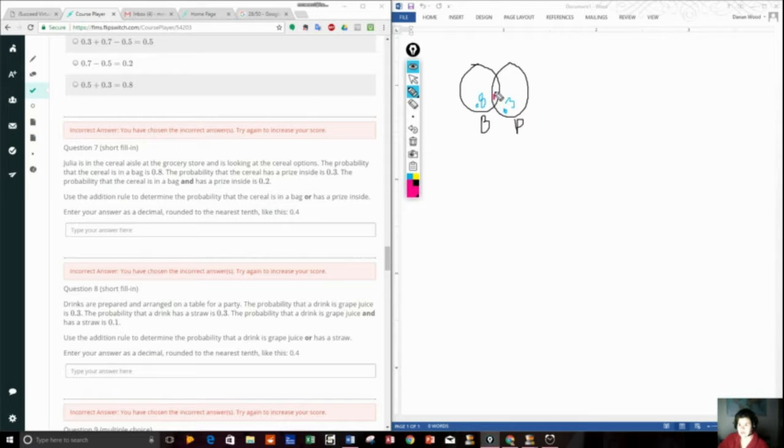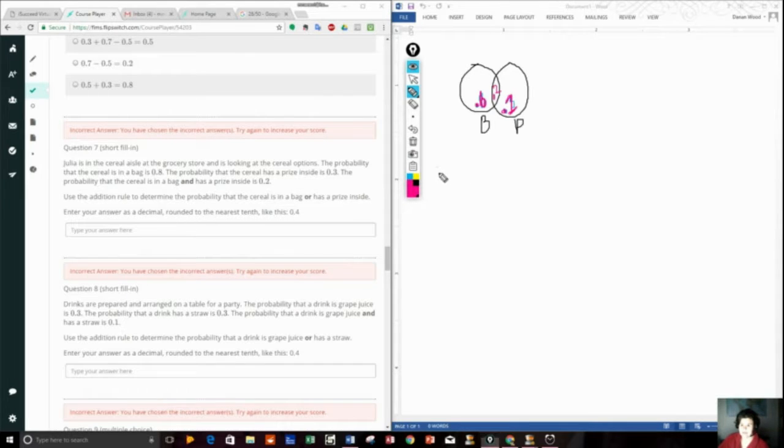So that means that it just being in a bag would be 0.6 without it, because that would give us a total of 0.8, and the probability of it just being a prize would be 0.1 because we have 0.2 of it in the intersection. So that's how I would visualize this.